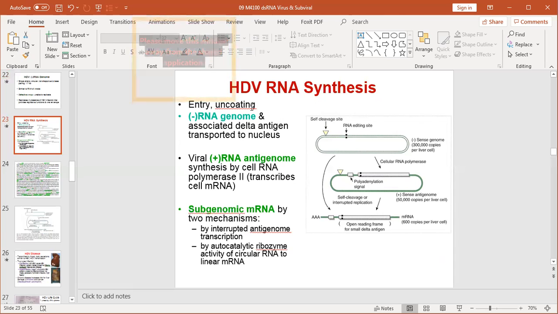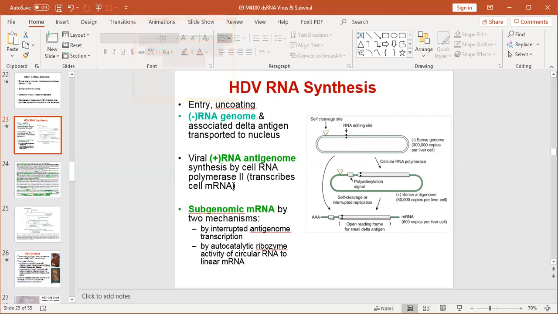The negative genome makes a positive antigenome, and the production of positive RNA is mediated by host cell RNA polymerase 2. And then later on, the messenger RNA will be transcribed.